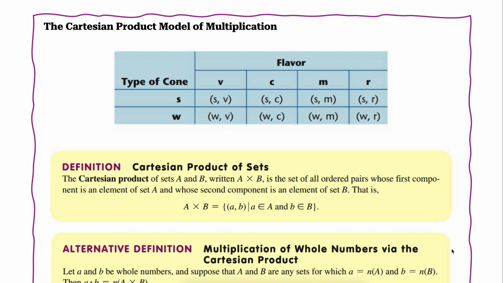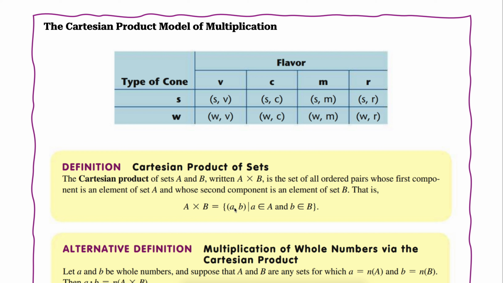And here I have the more formal definition. This says the Cartesian product of sets A and B, written A times B, just like we're used to seeing, is the set of all ordered pairs whose first component is an element of set A, the second component is an element of set B. So when we're taking set A times set B, we end up with these ordered pairs.